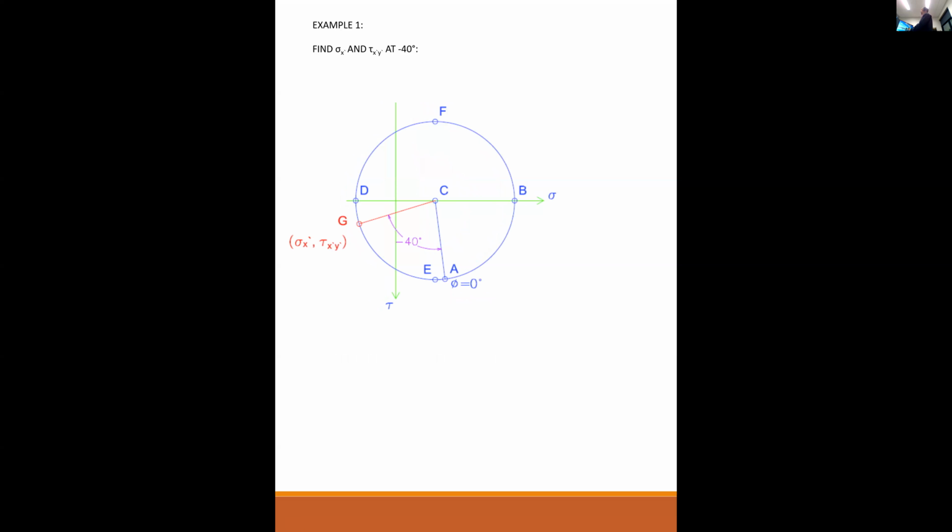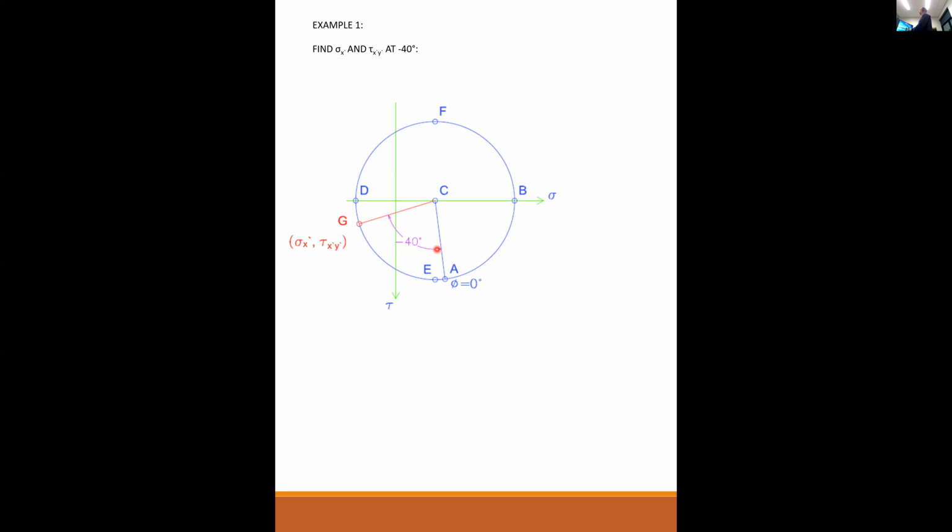All right, so now what we want to do is find sigma x prime, tau x prime y prime at minus 40 degrees. So this is my reference line. This is where theta is equal to 0. Minus 40 degrees is going to be, well, first of all, minus is going to be clockwise. So I go in a clockwise direction. If I'm looking for minus 40 degrees, then I draw it twice that.